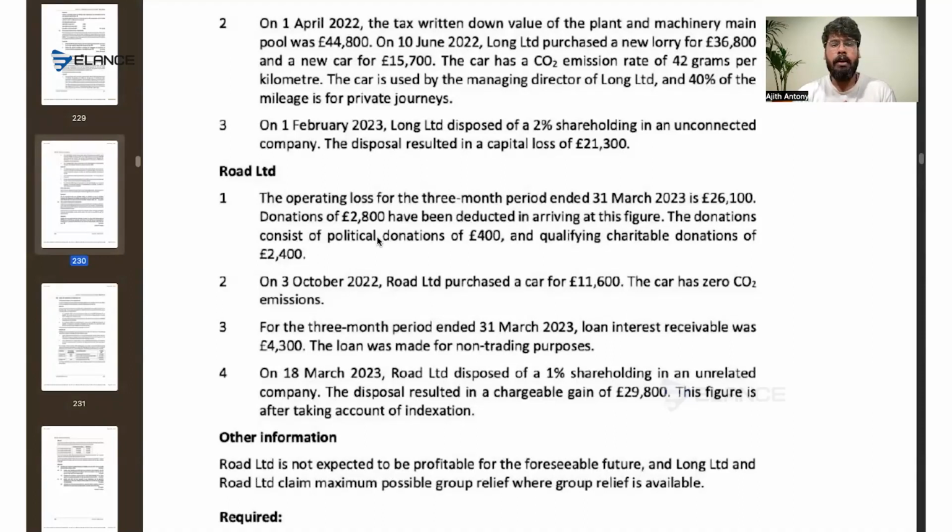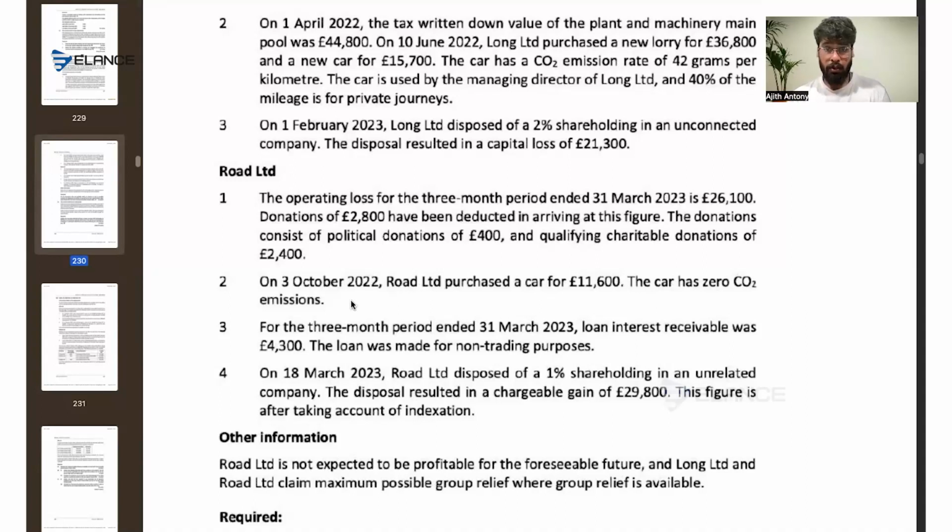Normally, if donations are given for the purpose of advertisement, it will be an allowable deduction. Otherwise, normal donations are disallowed. They had paid 2,800 for donation. The donation consists of political donations of 400 and a qualifying charitable donation of 2,400. Both the donations are disallowed.